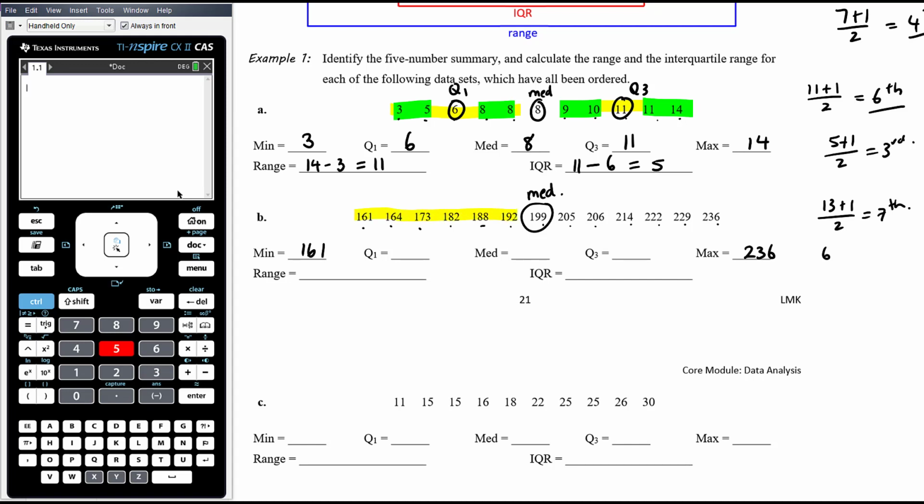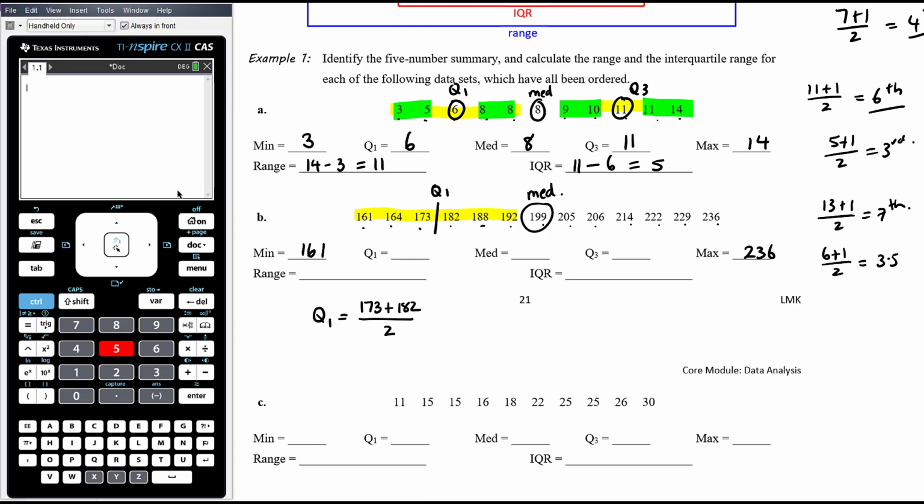Okay, so then in the first half of the data, I have 6 pieces of data. So the middle, when I have 6 pieces of data, add 1 and divide by 2. So that's 7 divided by 2. That's 3.5. Okay, so that means it's going to be between the 3rd and the 4th value. So that's going to be Q1 there. So to actually find Q1, we need to average the values either side of that. So we do 173 plus 182 divided by 2.